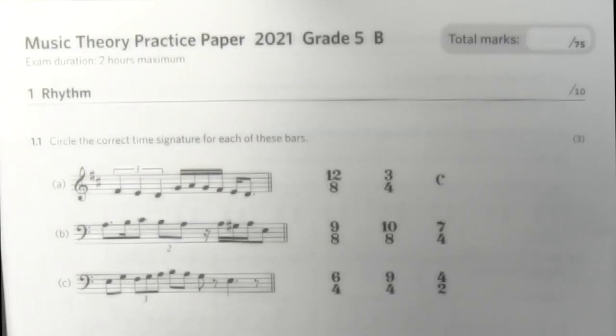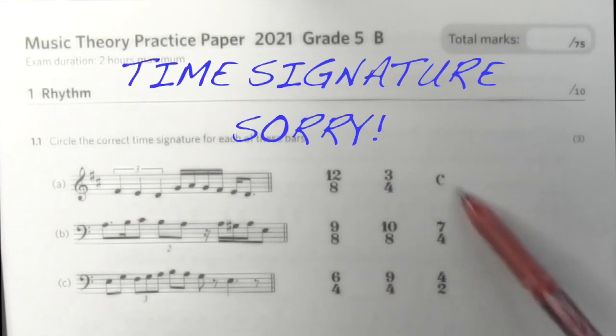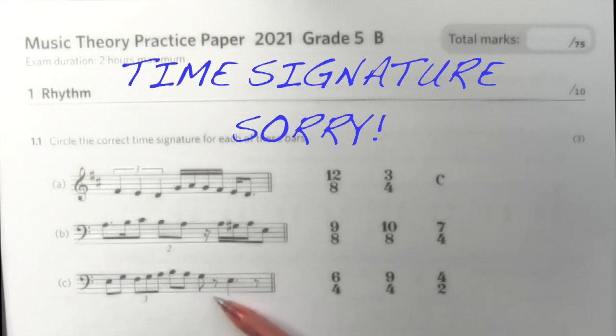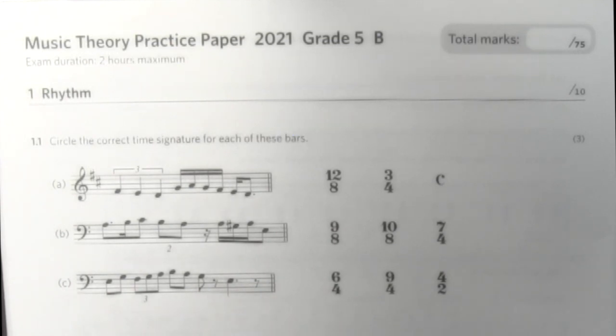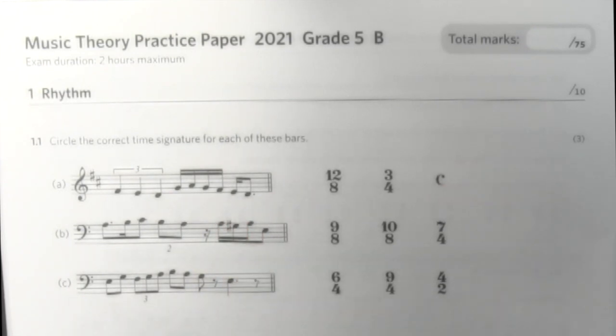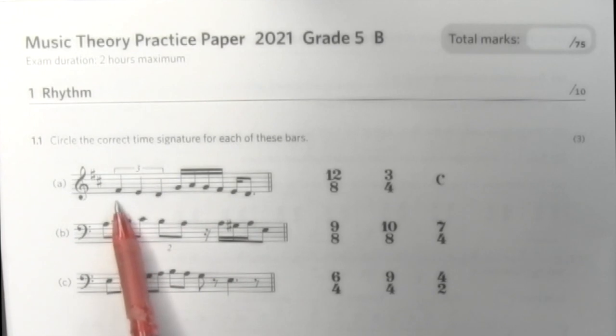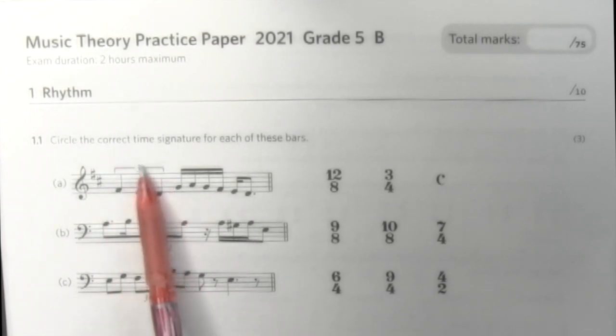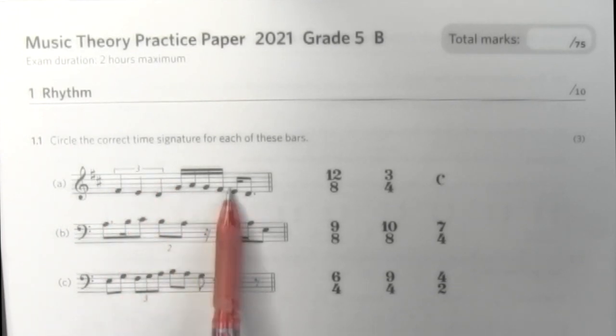The first section starts as usual with rhythm, and in the first question we are asked to circle the right time signature for the given bars. As usual, I always say look at the bars from above and see what is really visible. In the first bar I see three groups of things, 1, 2 and 3.